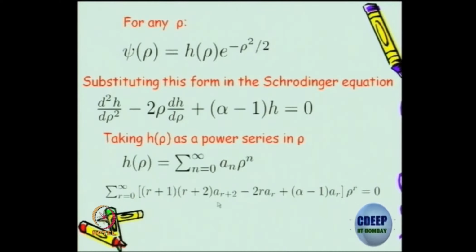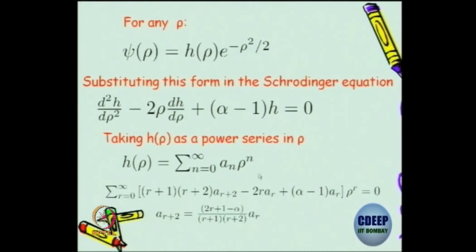So, what are the things which you will have? So, you can try to rewrite. If you see from this, the square bracket always involves coefficients which are in steps of only 2. Okay. So, setting this relation to 0 will relate a_(r+2) in terms of a_r. Okay. Everybody is with me?